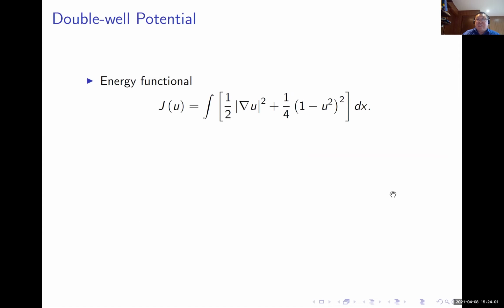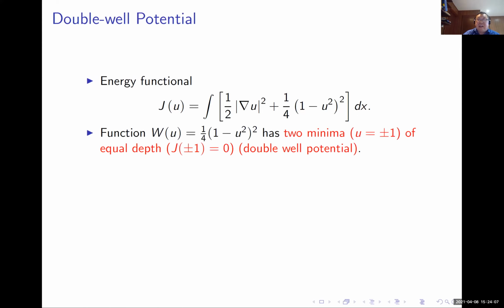This is a typical equation with what is called a double well potential. You have two minima at -1 and +1, and the two minima have the same depth. These -1 and +1 are two phases, so you have two different phases.